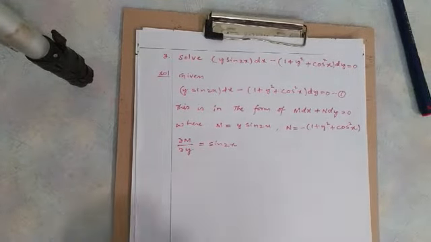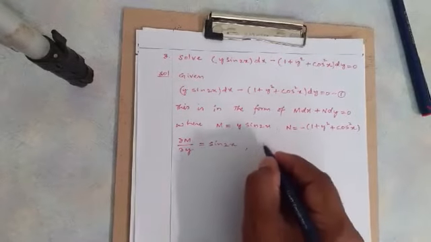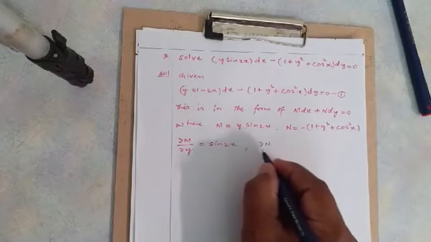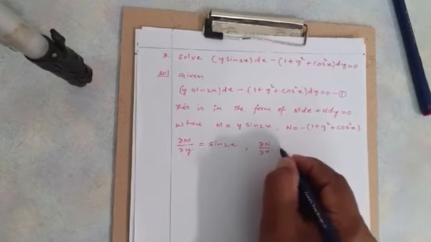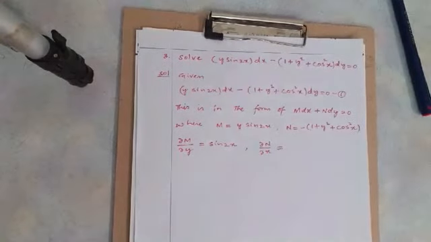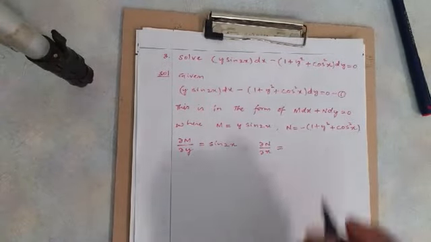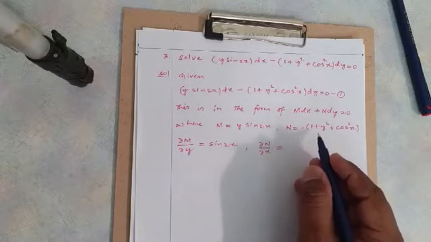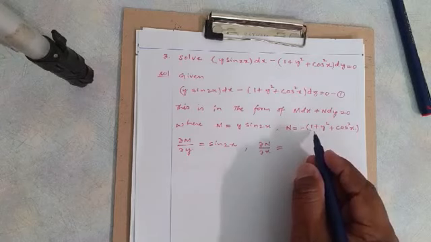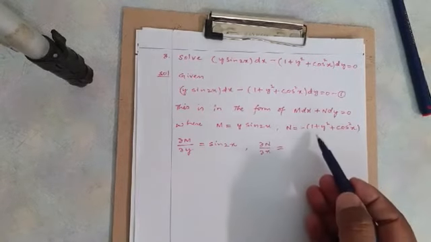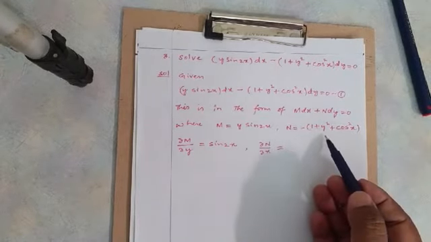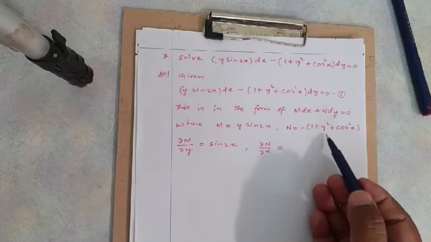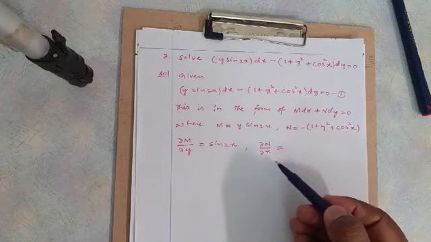Then after that we differentiate N with respect to x. When you differentiate N with respect to x, you can see here we have minus, and here we have 1. When you differentiate with respect to x, 1 becomes 0, and y square becomes 0 because we don't have x with y, since we are differentiating with respect to x.